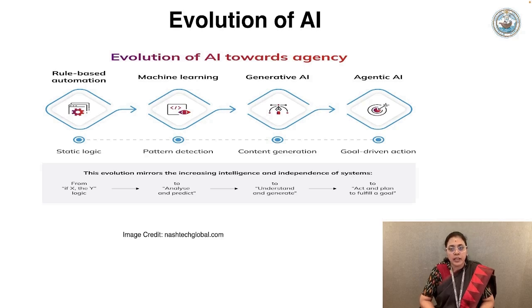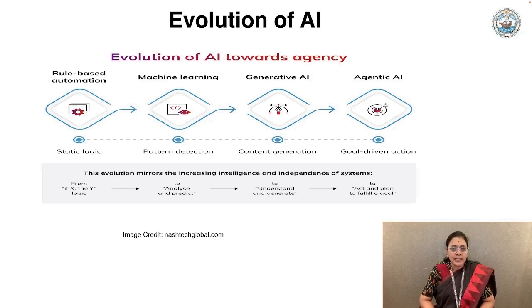Right now we are talking about agentic AI. Agentic AI is completely goal-driven action, which sets a goal, tries to optimize the objective, and does the work autonomously without any human intervention. So when you see the evolution from rule based to agentic AI, it moved from checking the logic, if or not, to analyzing certain data and predicting, and later not only analyzing but generating new content, and finally now we are planning, fulfilling, and setting the goal.